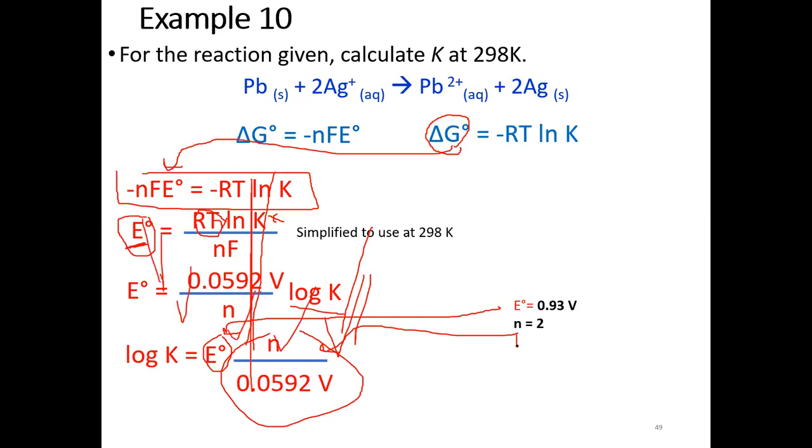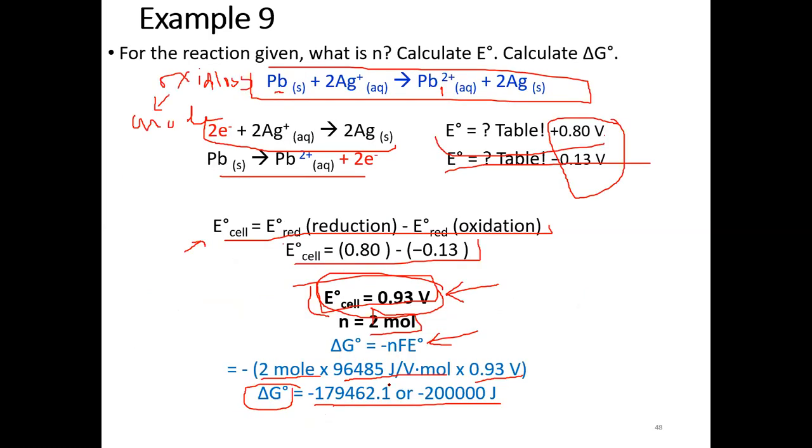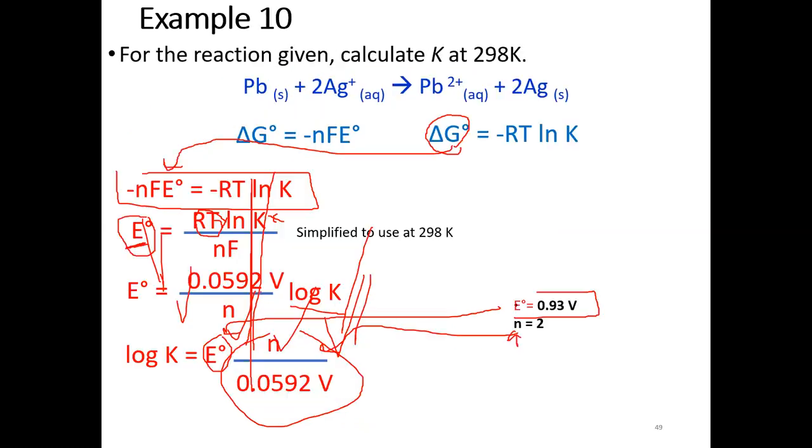We have already used this E value here, and we have calculated the delta G naught. So when we have delta G naught from the previous example, which is minus 200,000 joules, I can bring that out here: minus 200,000 is equal to, what is the value of R? I'm going to put that value in.